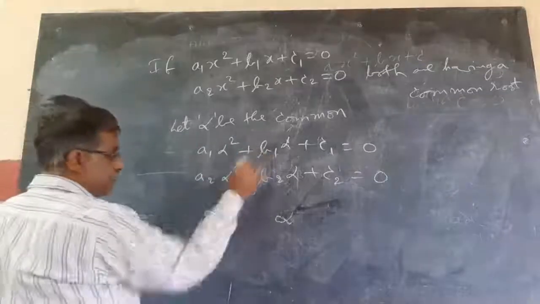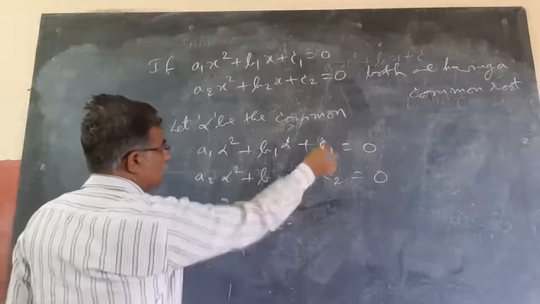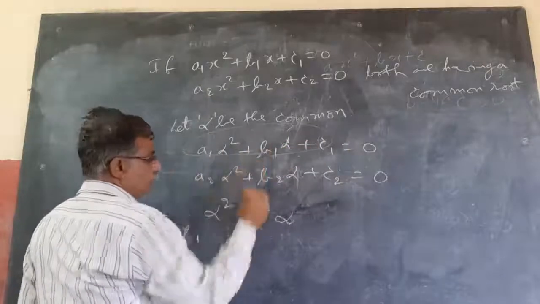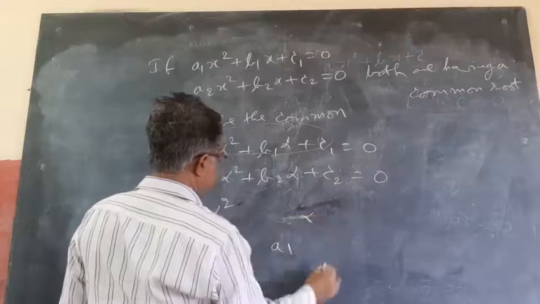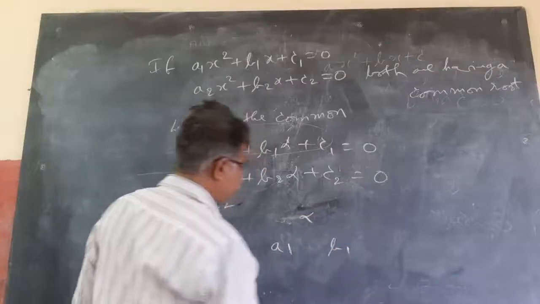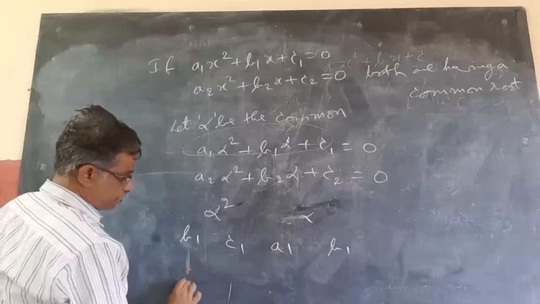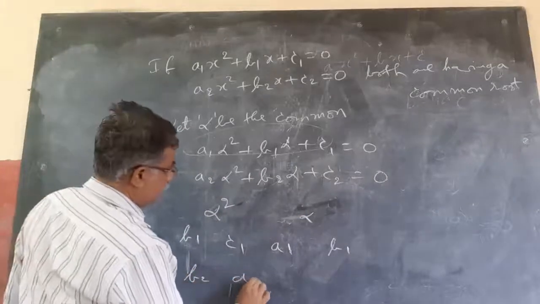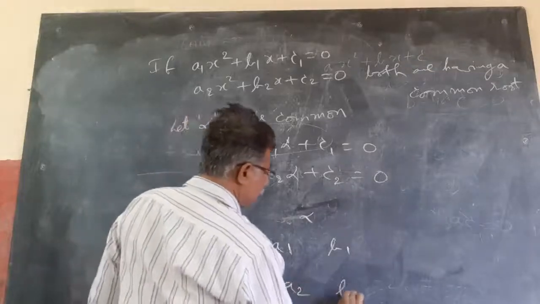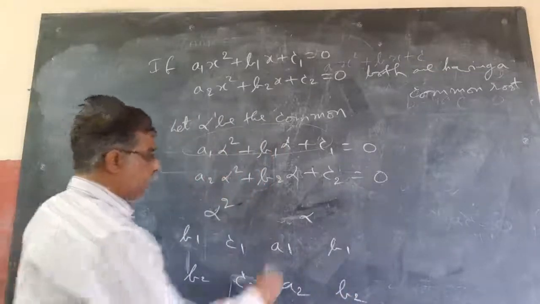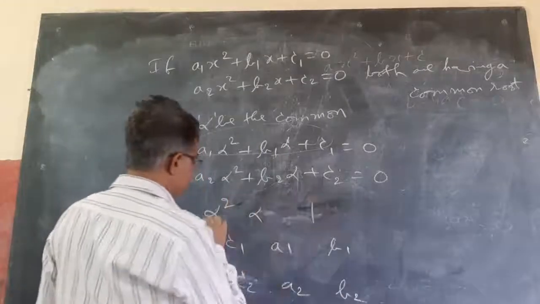Now I will start from here: b1, next coefficient c1, and coming back to this cycle, a1, and next b1. From here, b2, c2, a2, again b2. Now this is alpha square, this is alpha, this is 1.